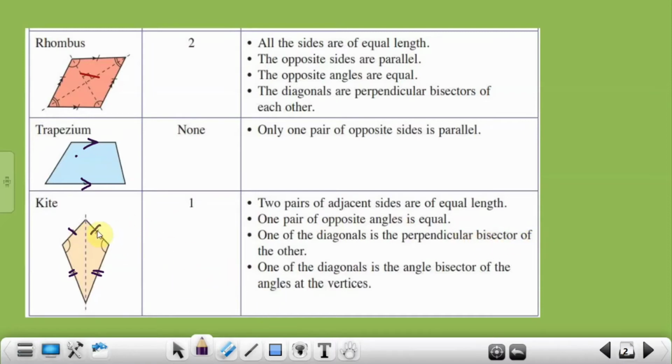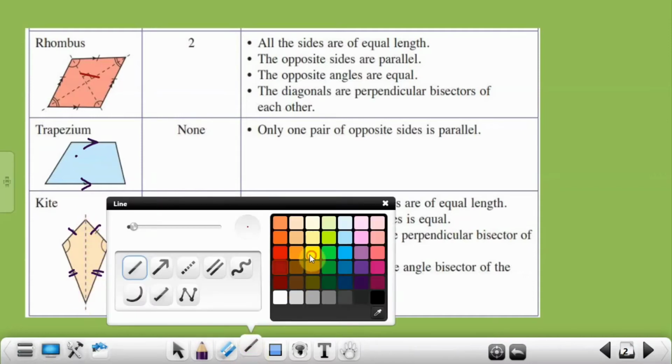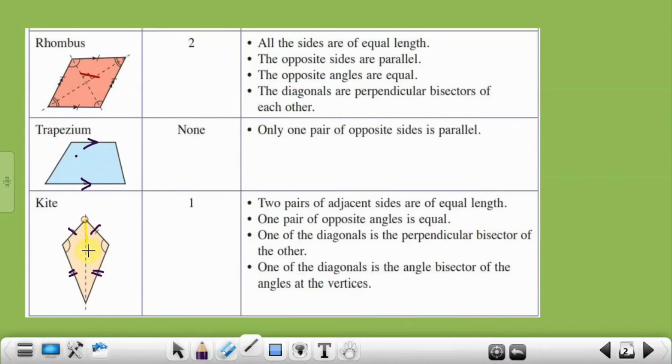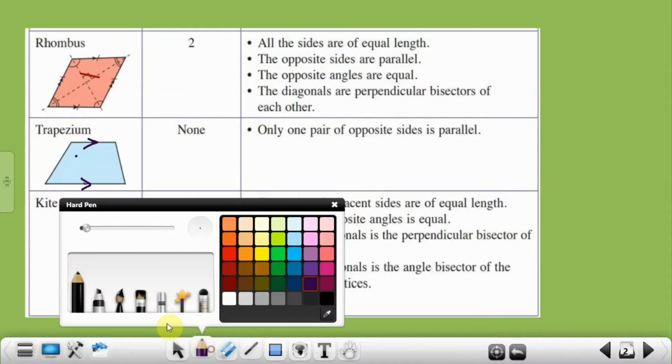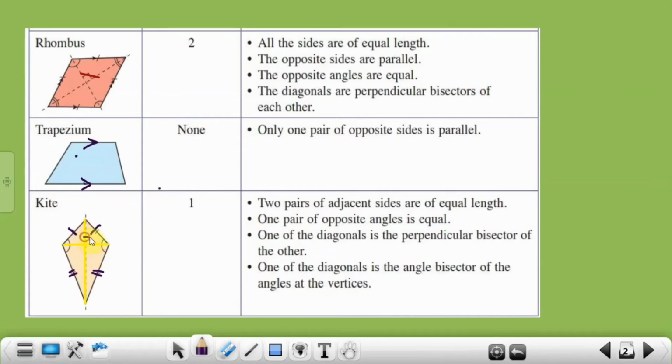Okay, it also has two diagonals. The first one is the same as the axis of symmetry. Okay, let's draw. This is the first diagonal, and this one is the second diagonal. So if you look here, these two diagonals perpendicularly bisect each other. One of the diagonals is the angle bisector of the angles at the vertices.